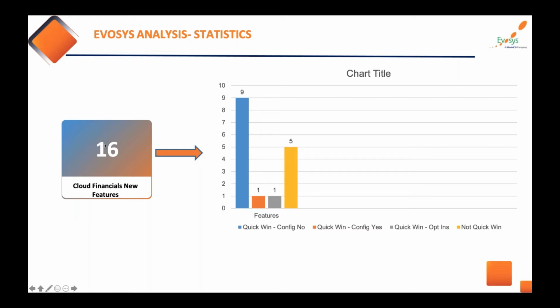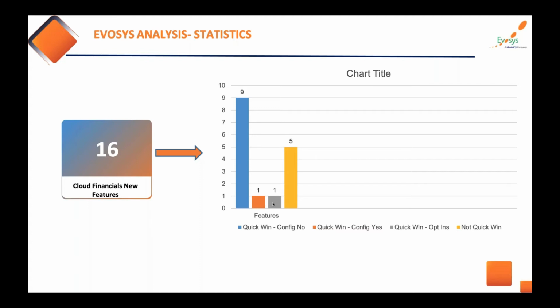So in all, there are around 16 business impactful features which are coming in the 20D release, out of which I think we have done the analysis and we feel that there are around 9 such features which are actually a quick win and do not require any configuration. There is just one feature which is a quick win and a bit of configuration is required.